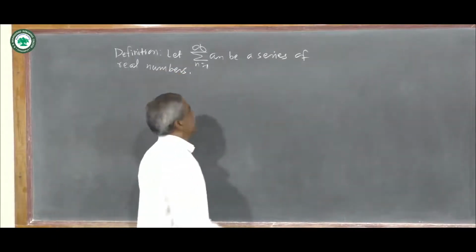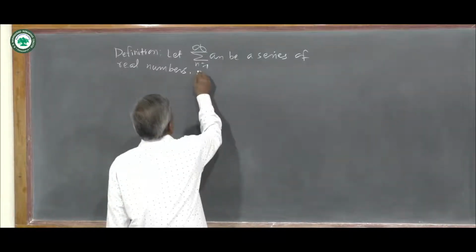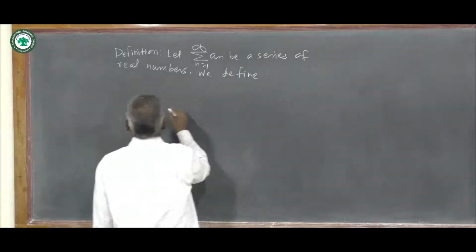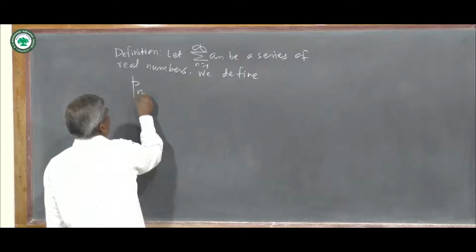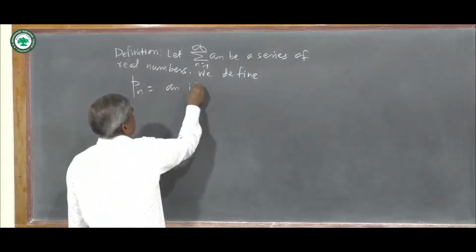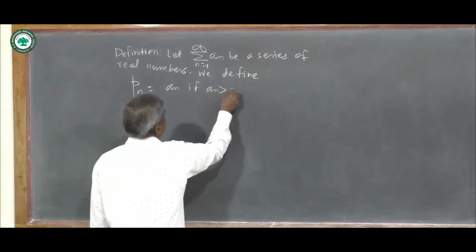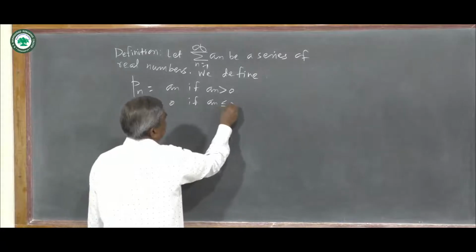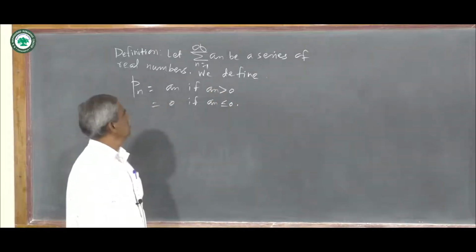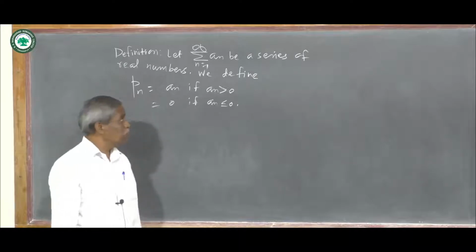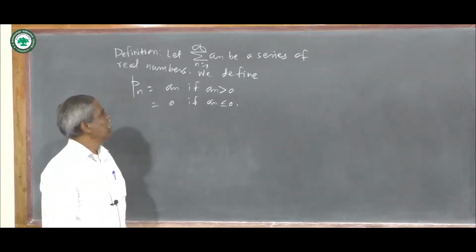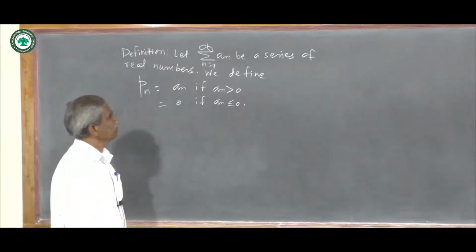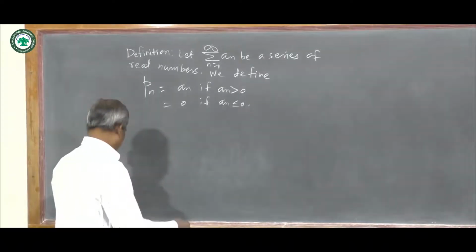We define p_n equal to a_n if a_n is greater than 0, and equal to 0 if a_n is less than or equal to 0, that is, a_n is negative. Similarly, we define q_n.